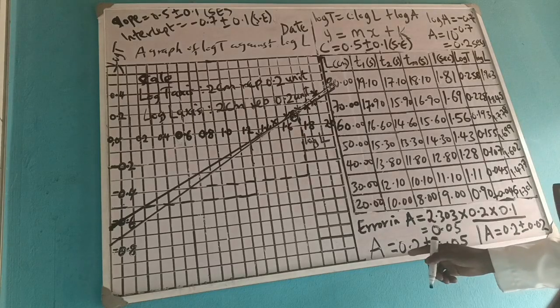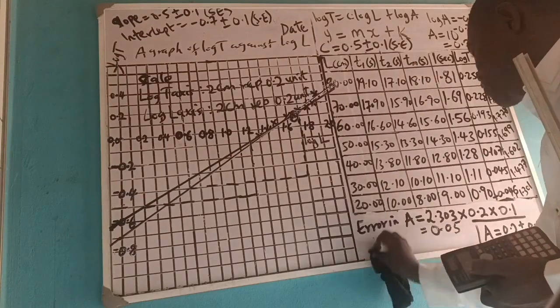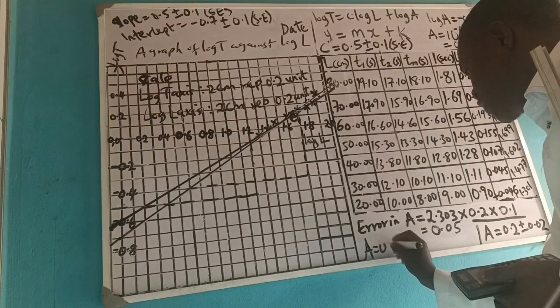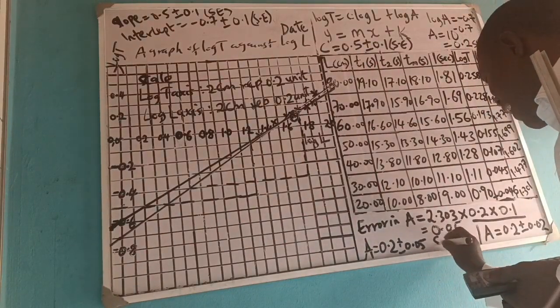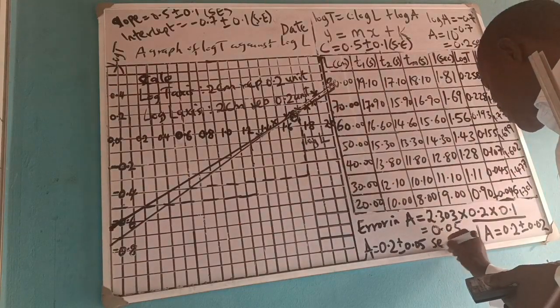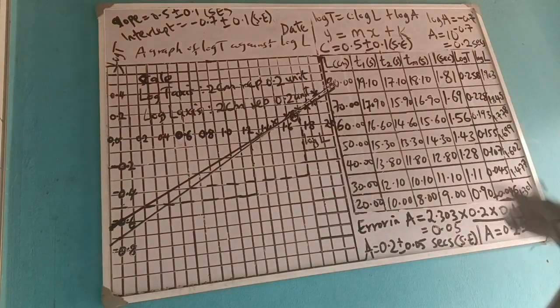So A equals 0.2 plus or minus 0.05 seconds. Then you attach SE, that is standard error. That is the same thing you write here: A equals 0.2 plus or minus 0.02 seconds.